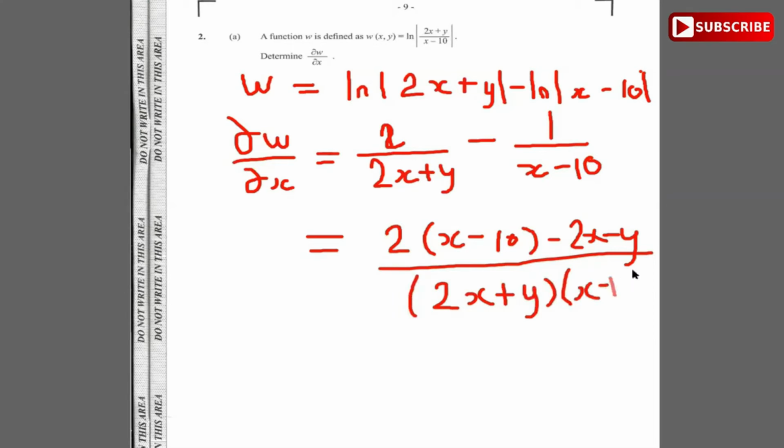But if you want, you can simplify it. In reality, that works out to be minus 20 minus y over 2x plus y times x minus 10.